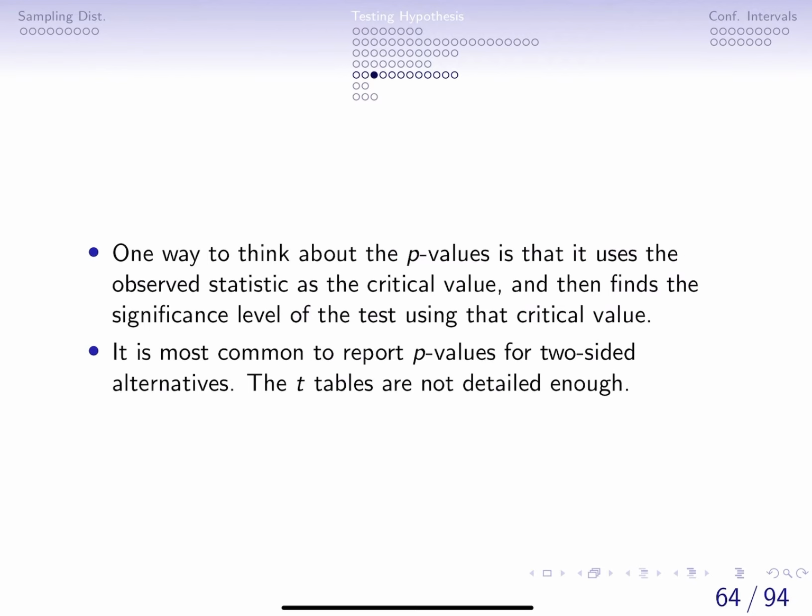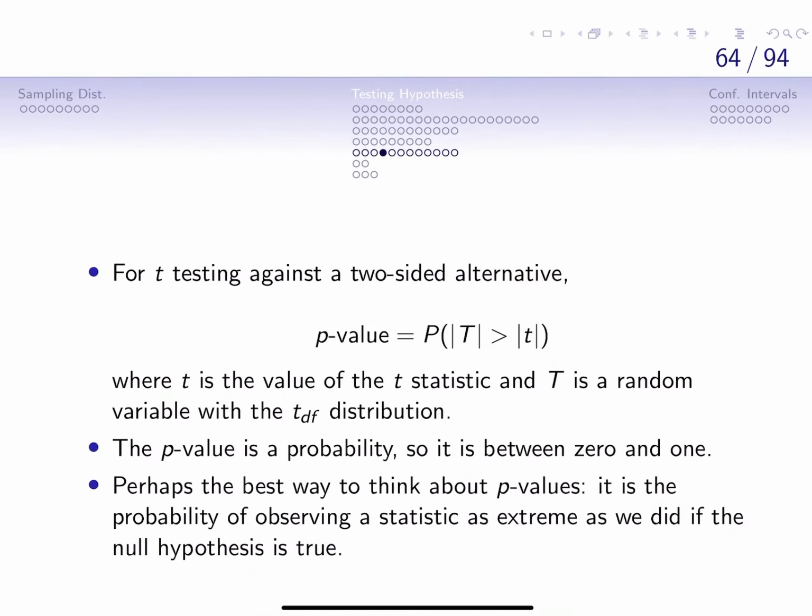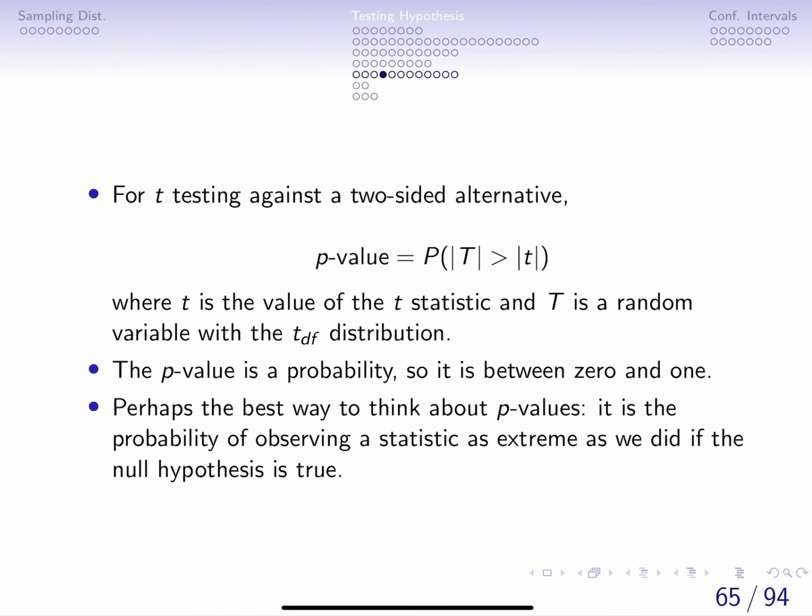Another way to think about p-values is that it uses the observed t-statistic as the critical value, and then finds the significance level of the test using that critical value. Typically your software reports p-values for two-sided alternatives, and that's what we will be seeing.